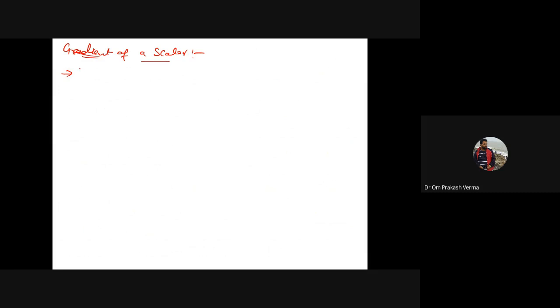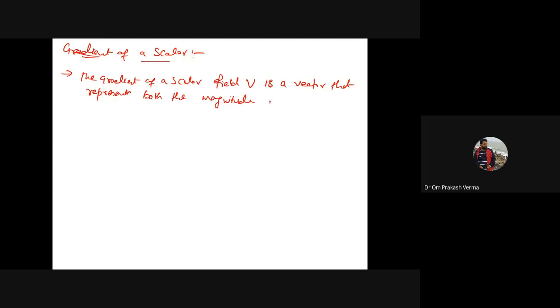So first I am just writing the statement of the gradient of a scalar. It is written like this: the gradient of a scalar or scalar field, you can say V, is a vector that represents both the magnitude and the direction of the maximum space rate of increase of V, as a student just said.